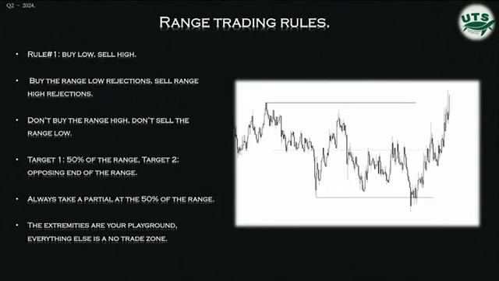Look for a range, wait for it to get souped at one end, turtle soup, and buy here, sell here. It's that simple. Of course, if you want to confirm, with model number one being the confirmation: thick down close candle, stab into the low, close above, buy into it. As a range trader, the extremities are your playground. You don't touch price except if it reaches here or here. Everything else is a no trade zone.